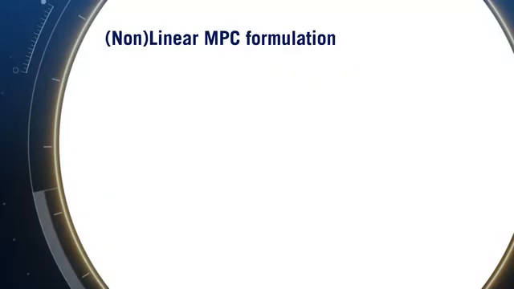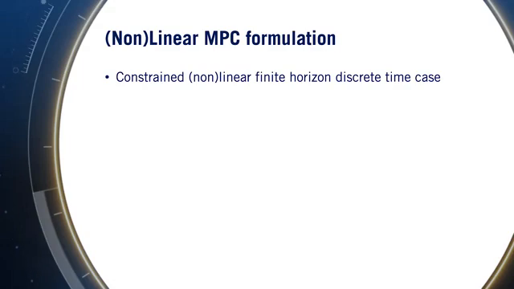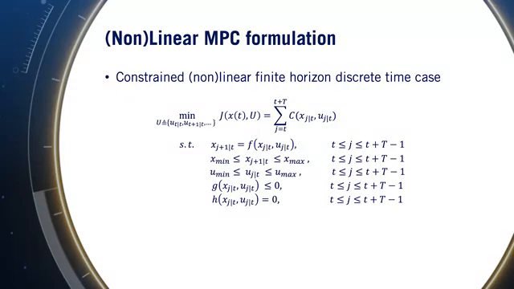In the more general case, the objective function is any differentiable nonlinear function of a state and inputs over the receding horizon. The constraints imposed on the optimization can include nonlinear dynamic models of motion, state and input bounds that capture things like maximum steering angles, and any other inequality constraints G or equality constraints H that affect our system.